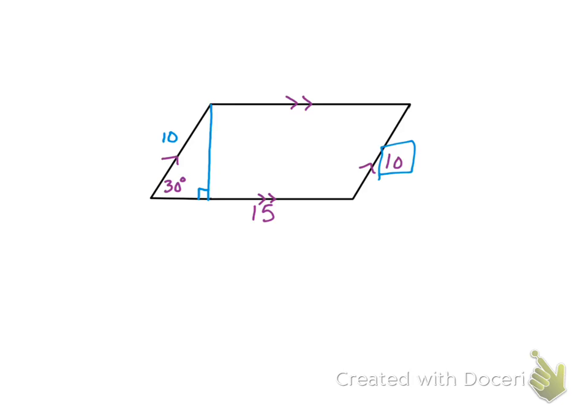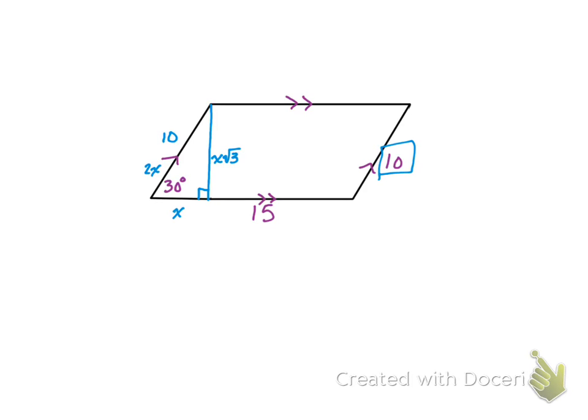If this is a 30-60-90 triangle, which it looks like it is, we need to find the long leg of this. We know our formula for 30-60-90 is x, 2x, and x√3 right there.